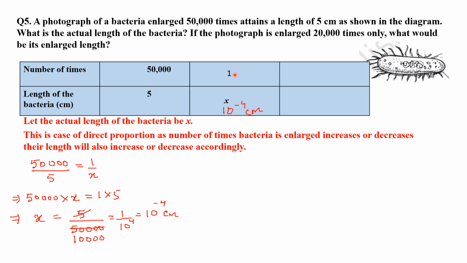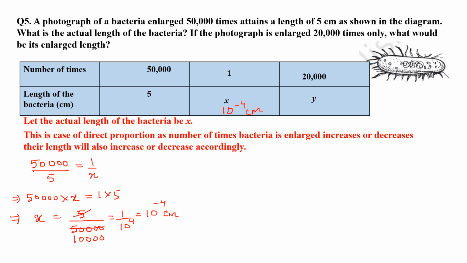So you can see from here, when the number of times increases from 1 to 50,000, the length of the bacteria is 5 centimeter, isn't it? Now what you have to find: when the photograph is enlarged 20,000 times, what would be its enlarged length? So I'm assuming my enlarged length to be y over here.